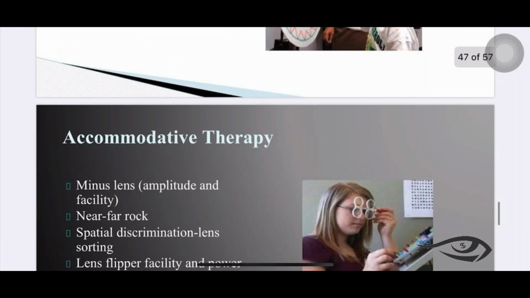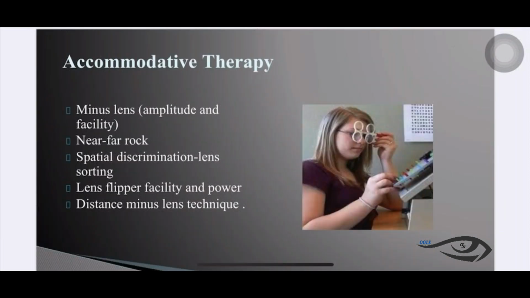Now, second is accommodative therapy. Whenever you are going to give accommodative therapy, you have to give minus lens therapy, which works on amplitude and facility, both of which you have to improve. Then there is something called near far rock, which you can also give.